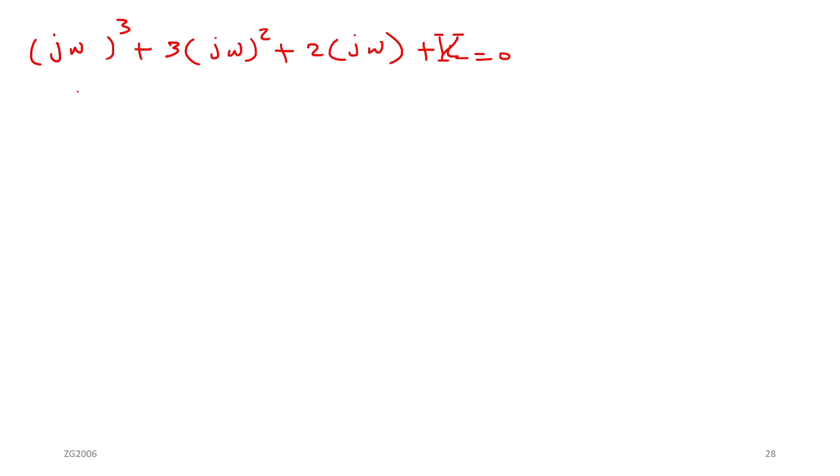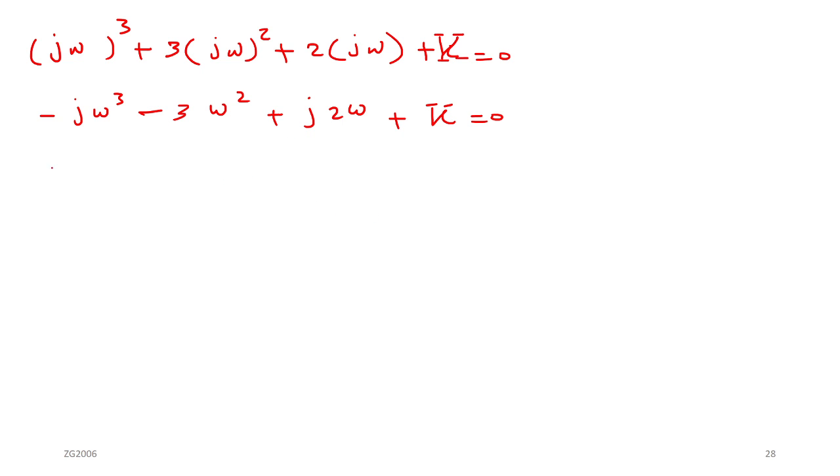Okay, need to simplify. This is going to be minus J omega cubed minus 3 omega squared plus J2 omega plus K equal to 0.